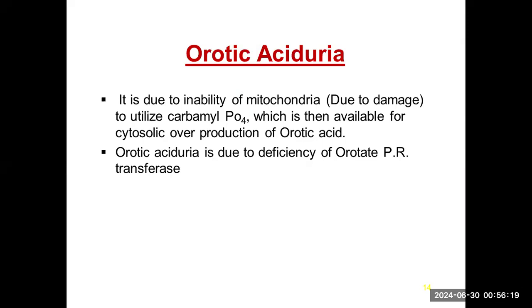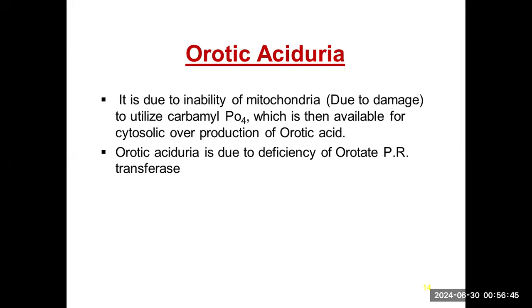If there is damage in the mitochondria, then the carbamoyl phosphate is available for the cytosol for production of orotic acid, because the ultimate pyrimidine structure is orotic acid, which is synthesized from carbamoyl phosphate and aspartate.